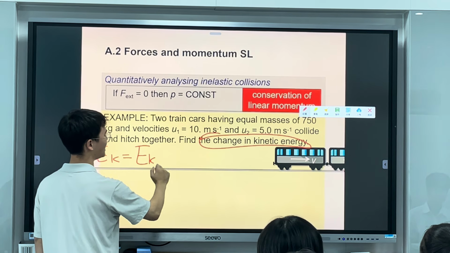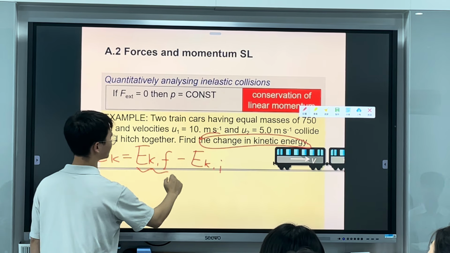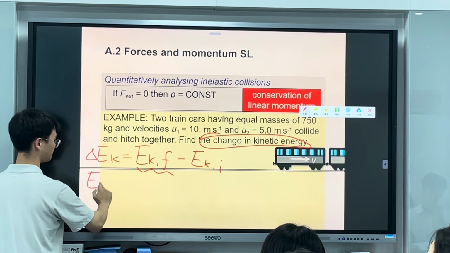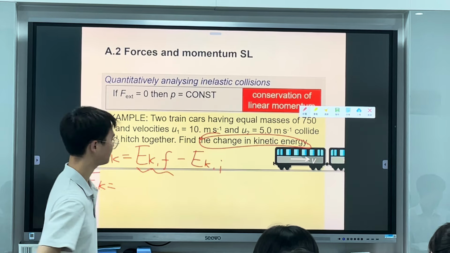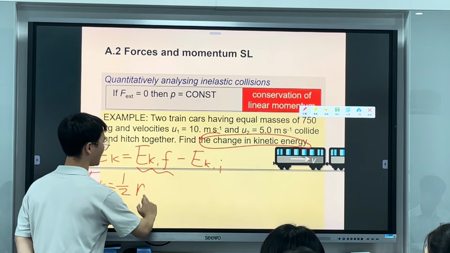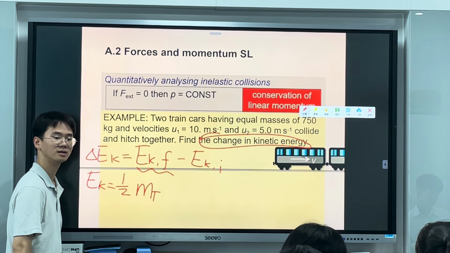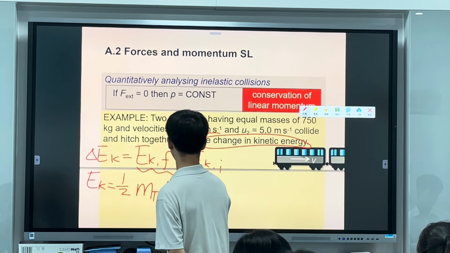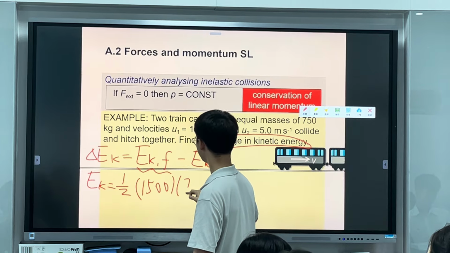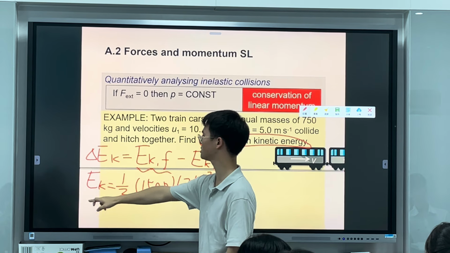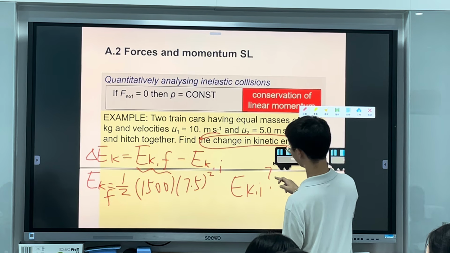Final kinetic energy minus initial kinetic energy. How do we find the final kinetic energy? M is what? Total mass. What is V? 7.5 that you just calculated, right? So M here is total mass 1,500 and then 7.5 squared. That's your final. What about initial? How do we calculate this?